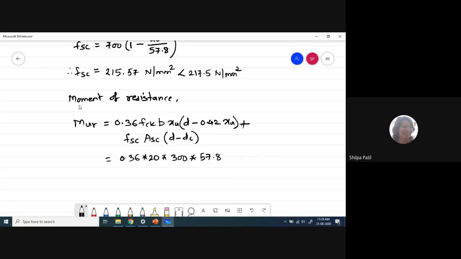I'll write down this fact. So this is 300 minus 0.42 into 57.8 plus FSC we have calculated as 215.57 into, what was the ASC value?